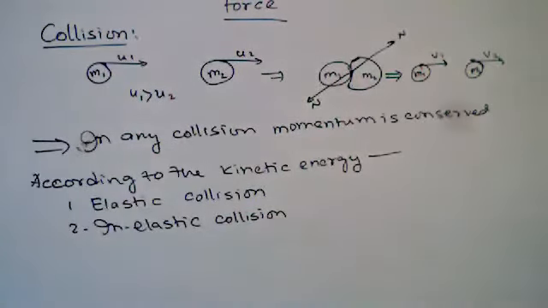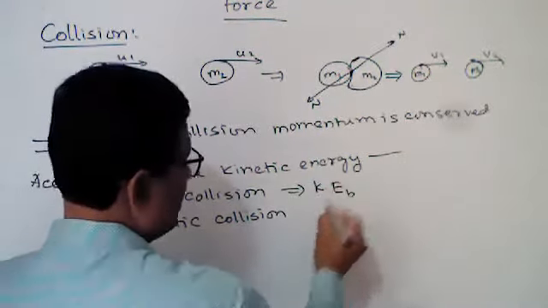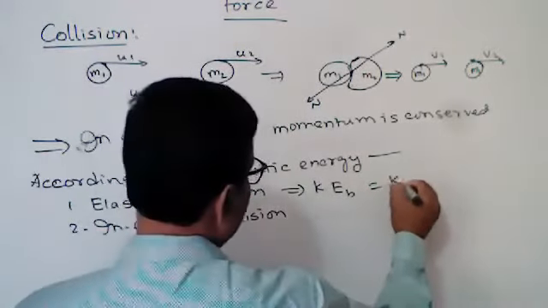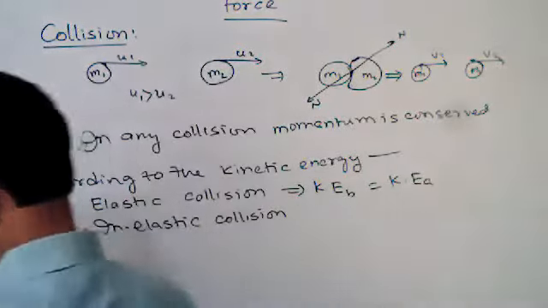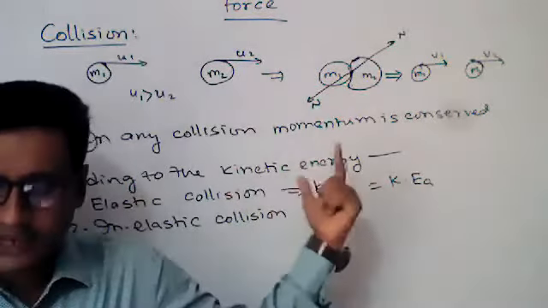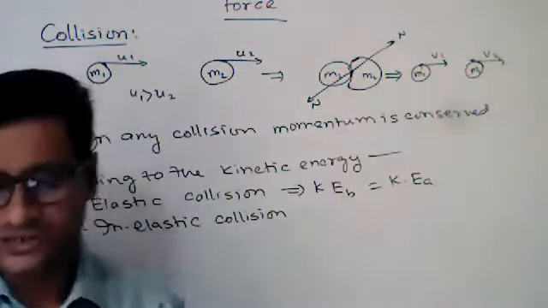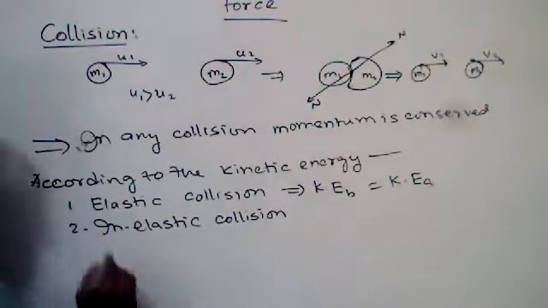In elastic collision, kinetic energy before collision equals kinetic energy after collision. In this stage, kinetic energy is also conserved. That means before collision and after collision, the kinetic energy will be conserved.